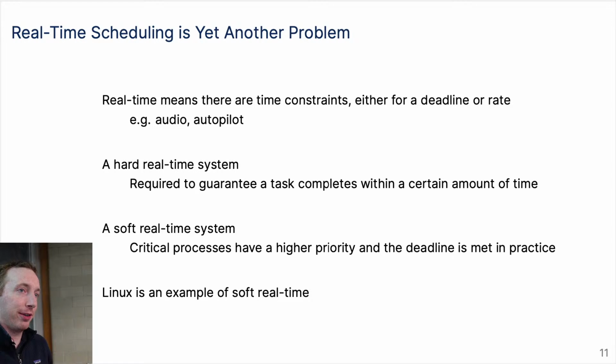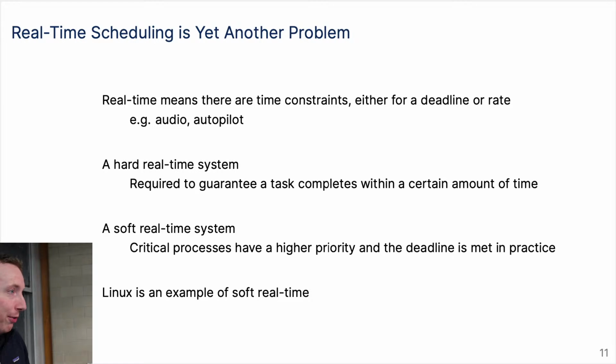But the alternative to a hard real-time system is what's called a soft real-time system, where critical processes just have a higher priority and your CPU is so fast that in practice the deadline's always met and you just don't really worry about it.